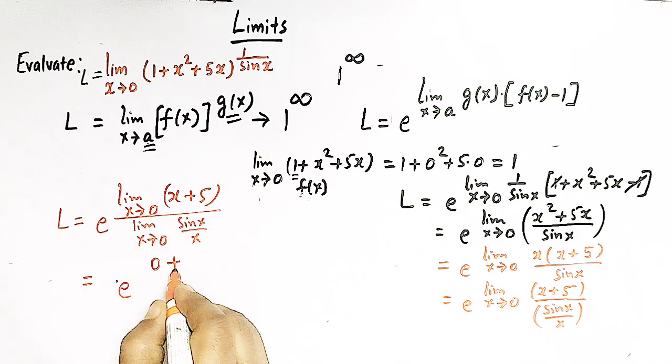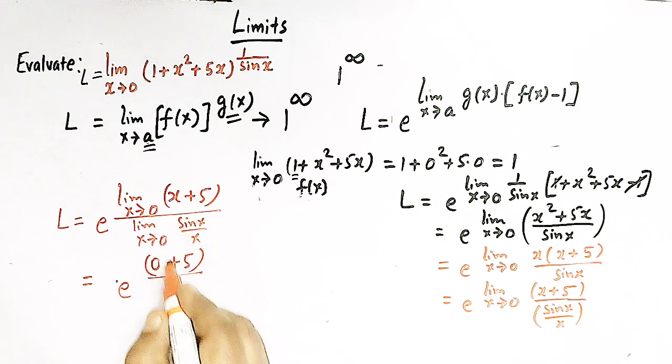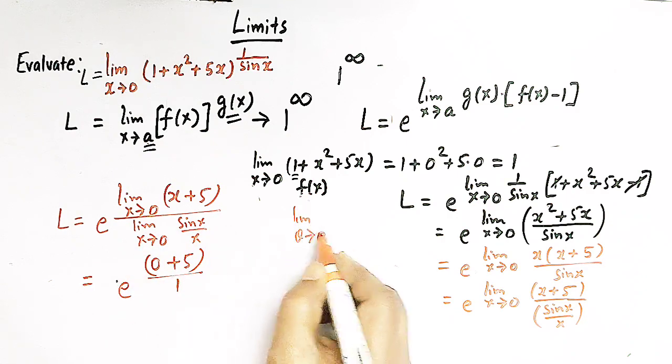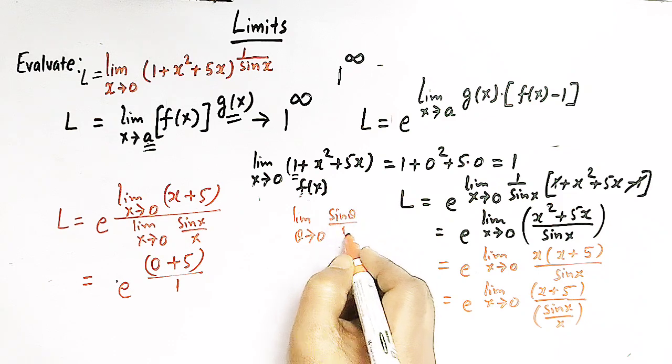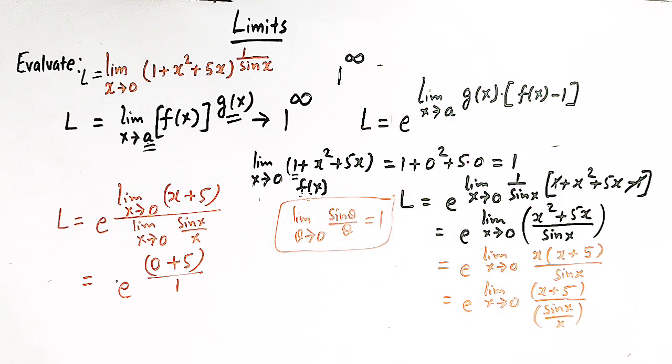So we have 0 plus 5, and here in the denominator the value of this limit is equal to 1, because we know that limit theta tends to 0, sine theta over theta is equal to 1. So this is a standard result in limits, right? So we have e raised to 0 plus 5 is 5, 5 over 1, that is e raised to 5. So the value of this limit is equal to e raised to 5.